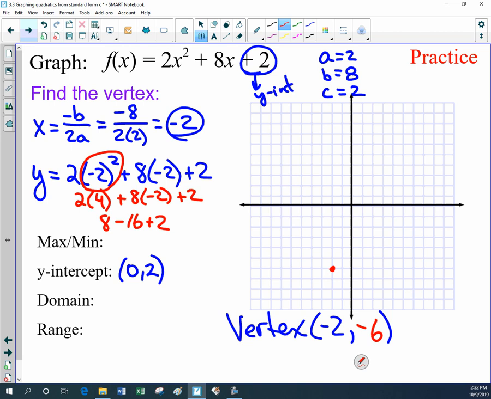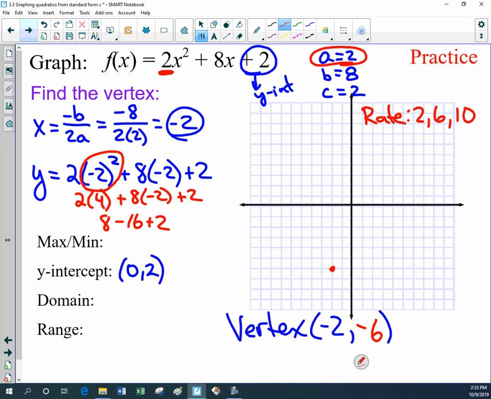The next thing we need to find is the rate. To find the rate, we multiply a, which is 2, times 1, 3, 5, 7, and so on. So it'd be 2, 6, 10.